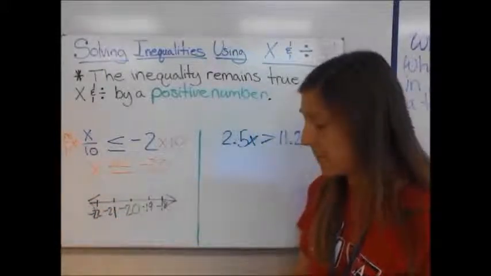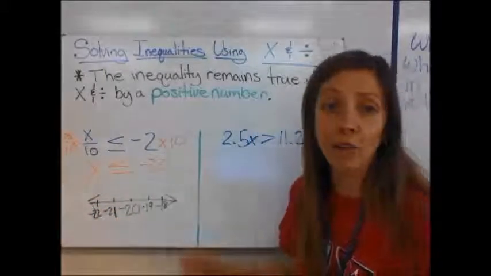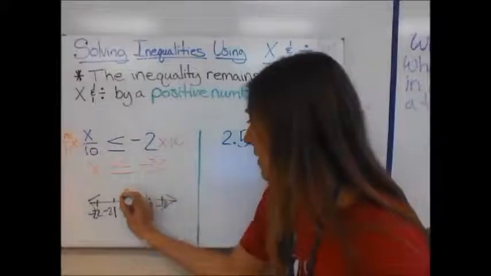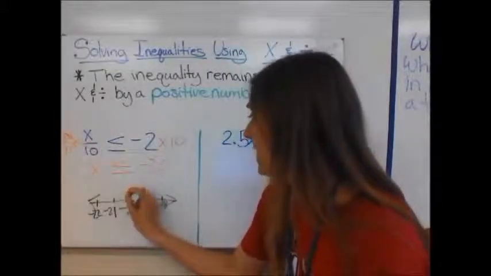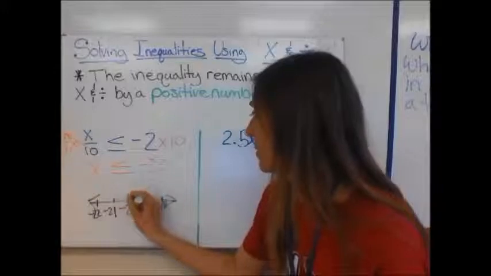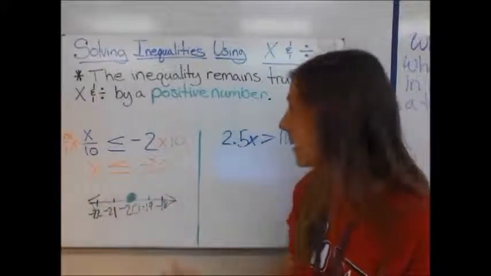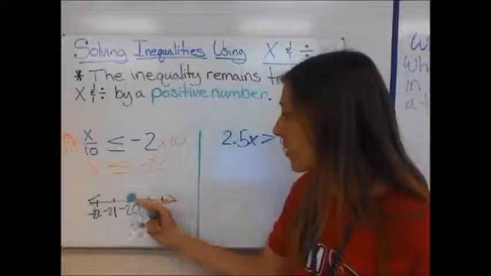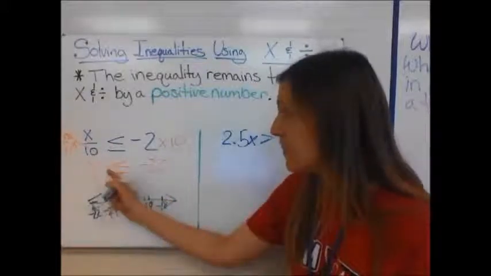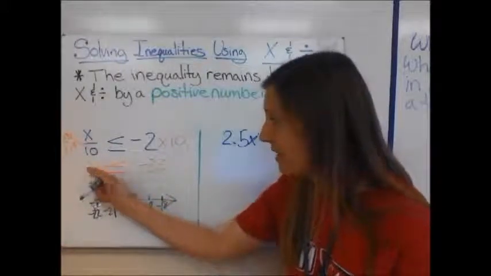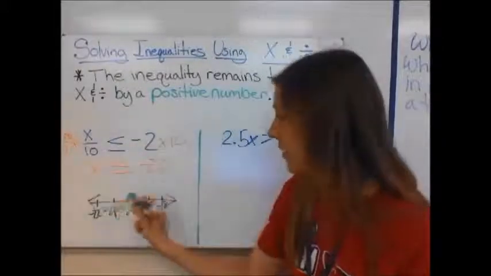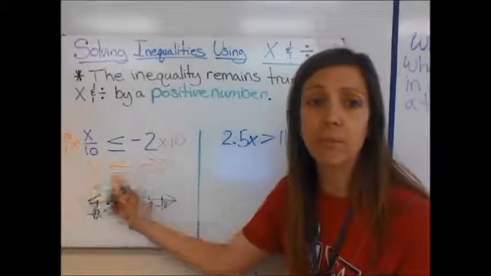In this example, I'm going to put a closed circle above -20 because I have the or equal to symbol, the line underneath my inequality. And I am going to point my arrow in the direction that means less than, which is to the left, because x, my variable, is less.